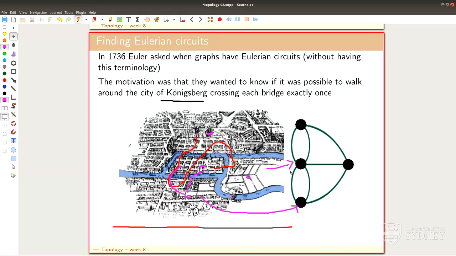And Euler realized the following. Let's say we want to start here, and we want to end here. It doesn't really matter where, it's a very symmetric graph. Eventually, we need to enter this vertex, but we want to go back to the purple one, so we need to leave the vertex as well.